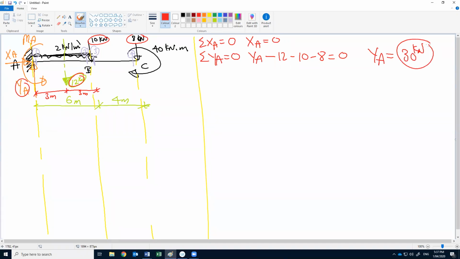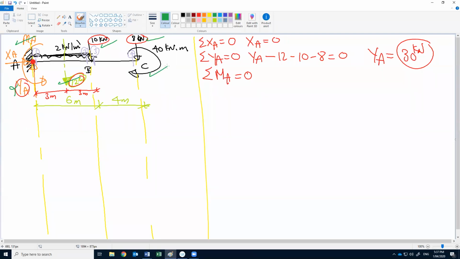Okay. To find MA, we need to apply the moment equation at A. If we take moments at A, what is causing moment at A? This force doesn't have moment. This force has moment, this force has moment, this force has moment, and this moment causes moment.